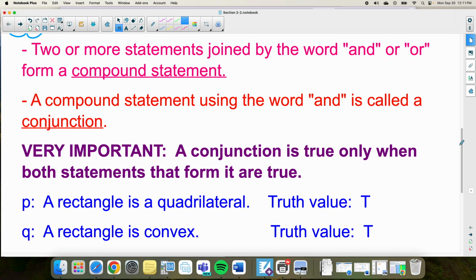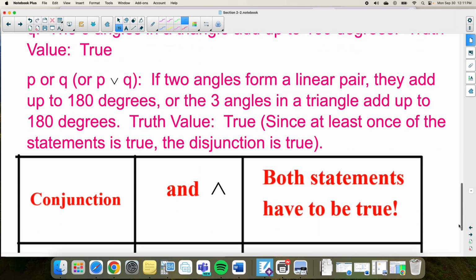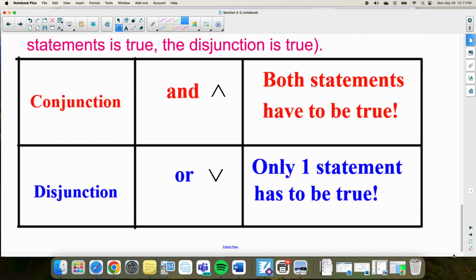Then what we're going to be doing today is working with what's called a compound statement, which has two parts. I'm going to start by showing you the second page at the bottom. This chart is on your cheat sheet that I gave you today, so you don't have to memorize it. A conjunction, which we're going to start with, is when they take two statements and join them with the word and. The symbol for and looks like this.